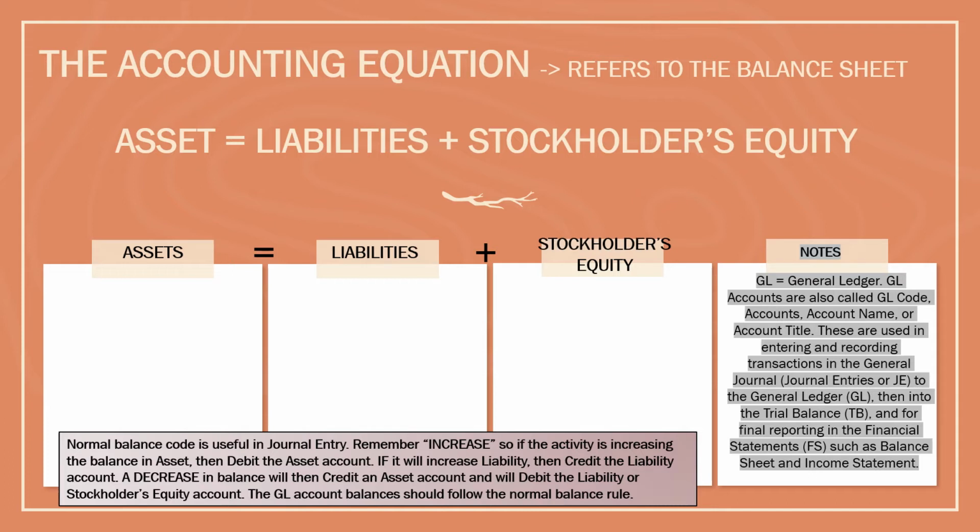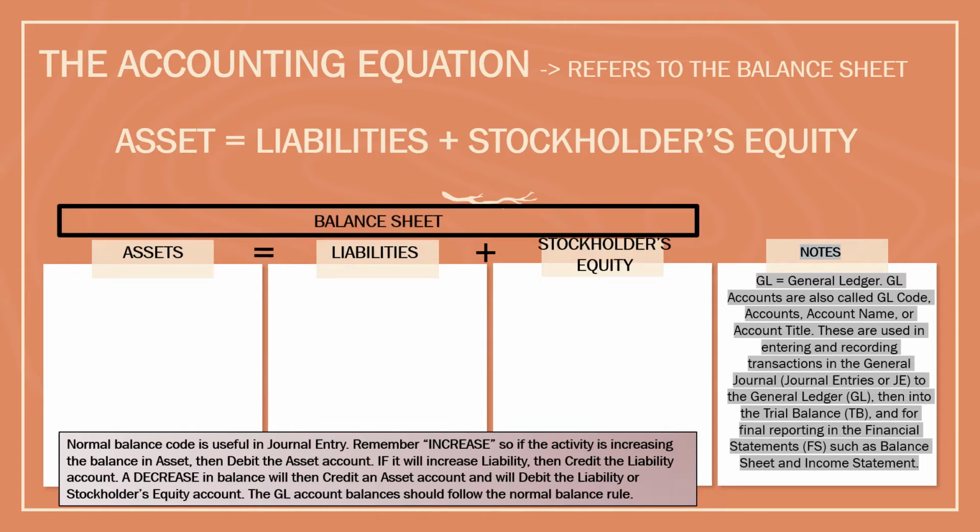If you have already seen a balance sheet, you'll have an idea what this is all about. For this video, we are not going to present a formal balance sheet, but we're just going to go through the basics for now. So we're going to define the equation: assets equal liabilities plus stockholders' equity.